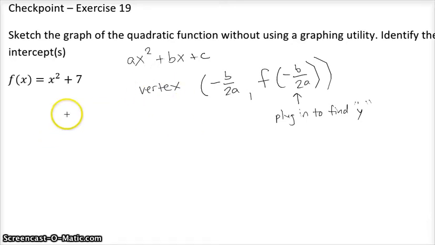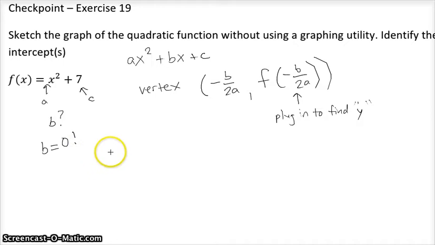What I first need to do is find out what a and b are in this whole thing. Well, this number here is a, and c is always a constant. So that's c. So we have a problem: there's no b. Where exactly is this b? Well, there is no b, so in this case, b is 0.